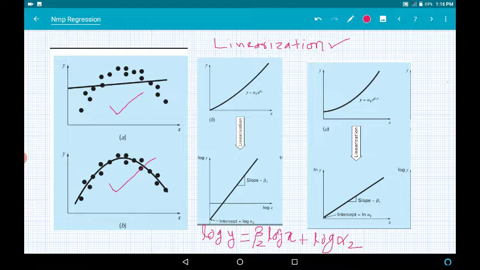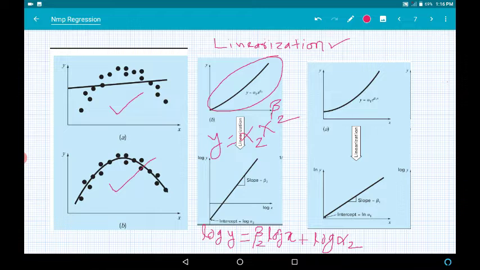For example, you see this figure here, the x and y axis are related by the equation y is equal to alpha 2 x power beta 2. This is an expression which represents a kind of exponential curve which is not a linear curve.